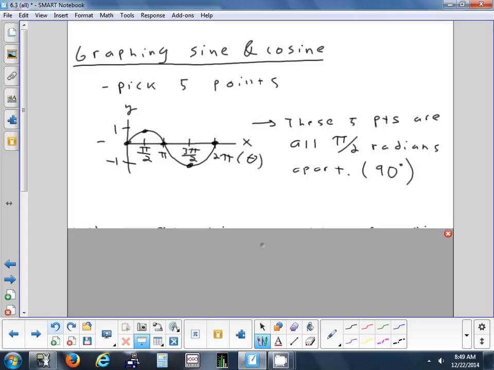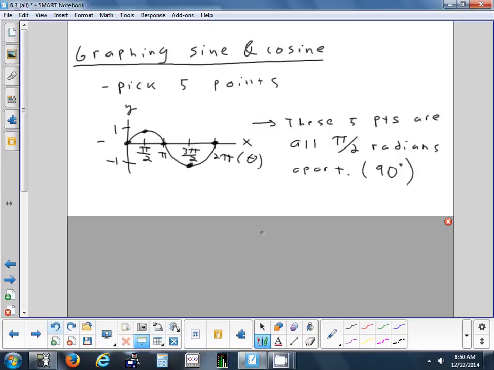All right? And these values are very easy to figure out. Let's put sine back in, and let's do it in radians.